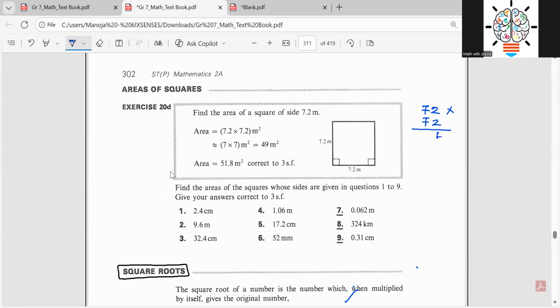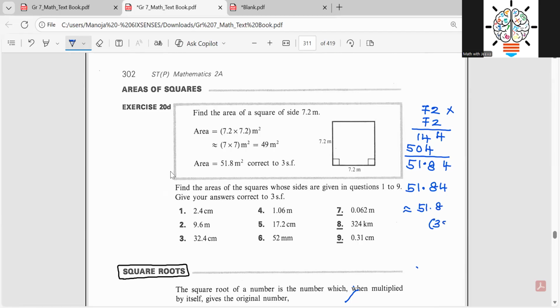2 times 2, 4, 14, 14, and how many decimal places should I keep? 2 decimal places. And then 51.84 when I correct to the third significant figure, that becomes 51.8.